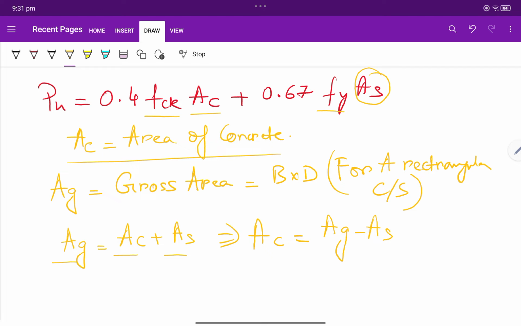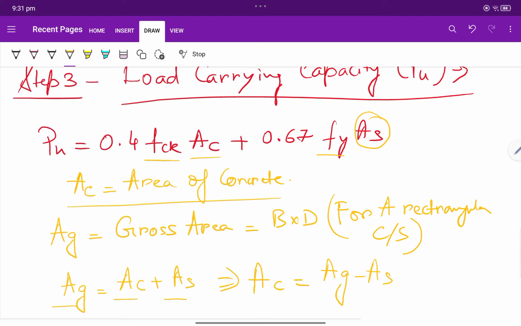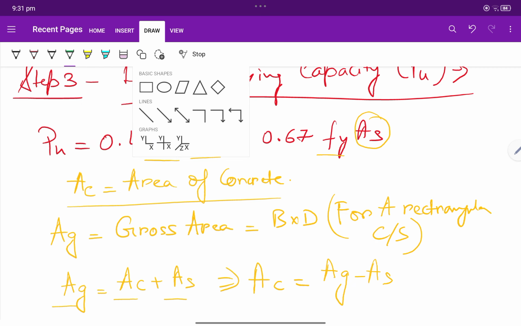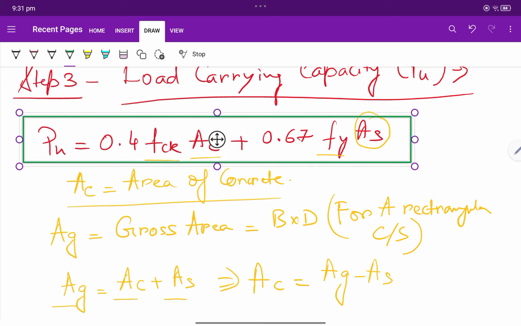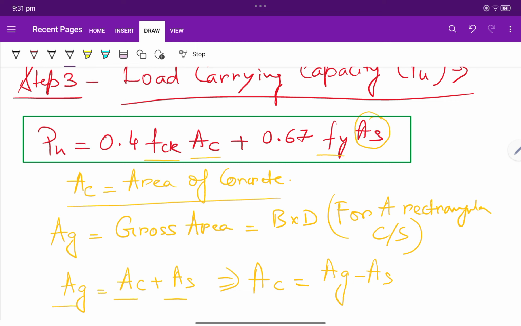Okay, but one thing we have to see: this formula we are getting is well and good, but this is for the short column.